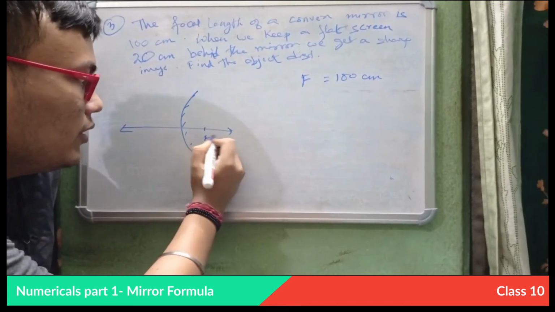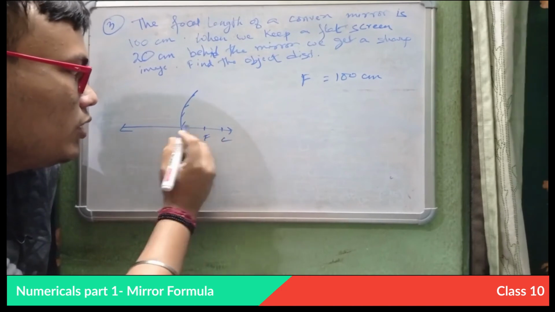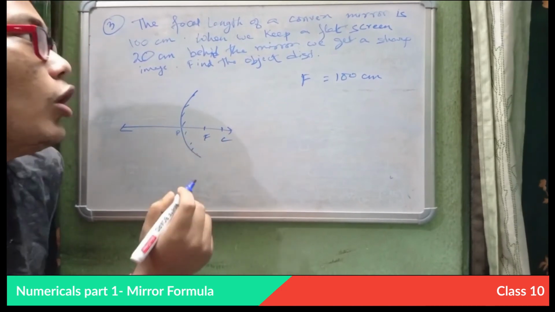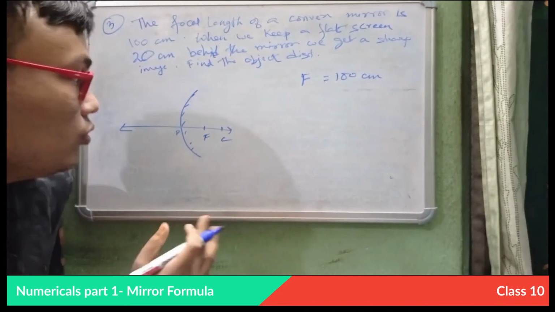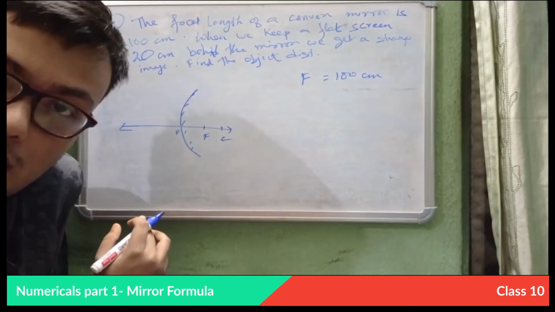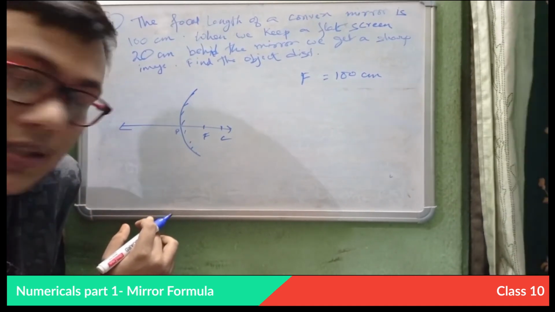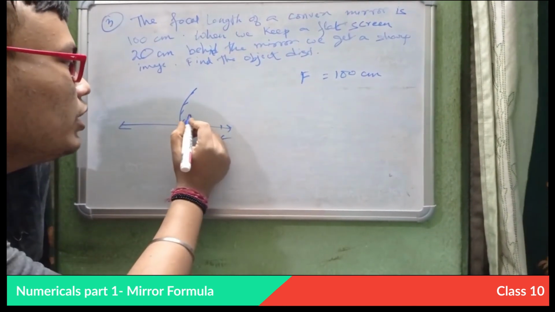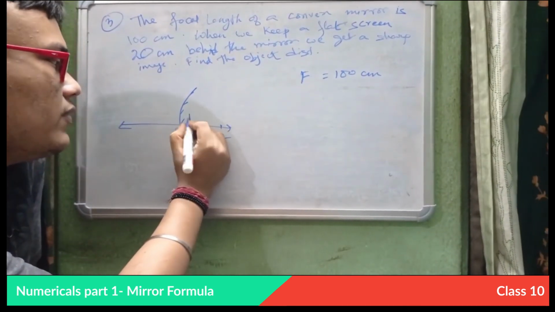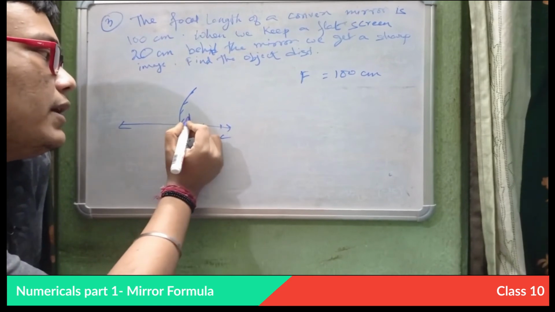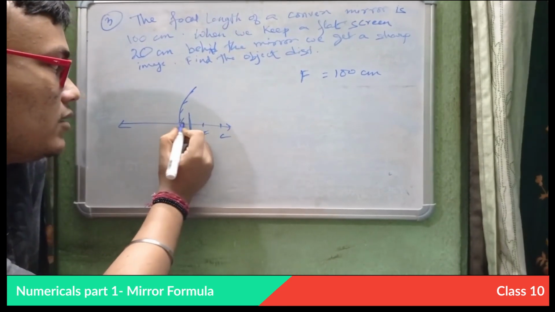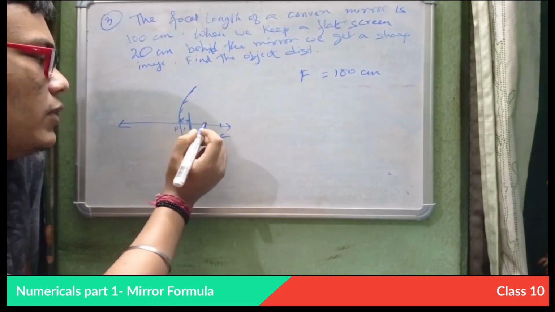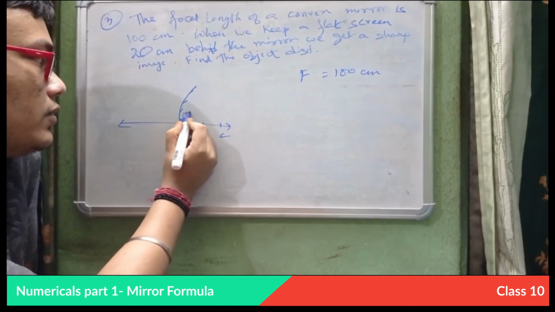The focus will be somewhere around here, the center of curvature somewhere around here. This will be the pole. The object will always lie towards the left like this, in front of the mirror, that is on the negative x-axis. However, the image is formed behind the mirror, somewhere around here. If we keep a flat screen, let's say this is the flat screen, the image is formed over here. So the image distance is this much, that is 20 centimeters.